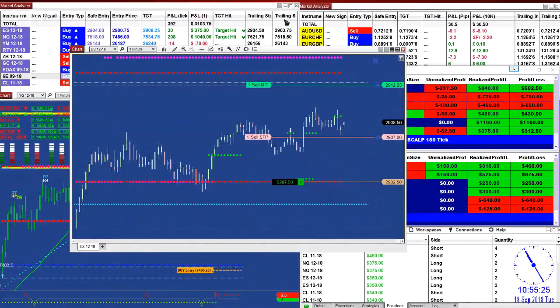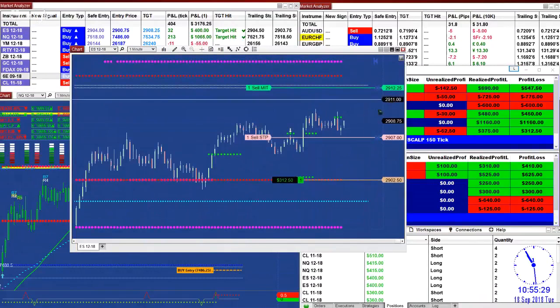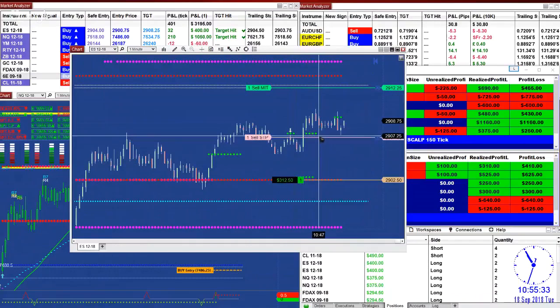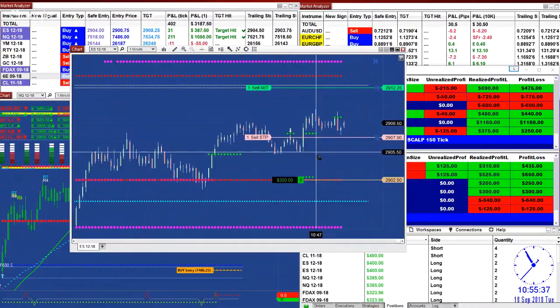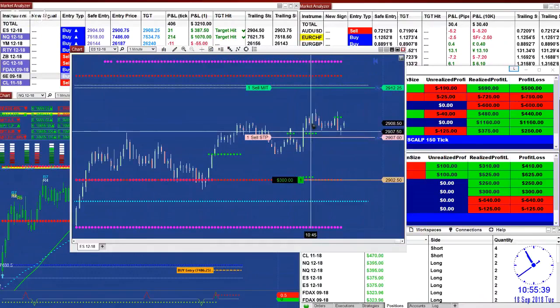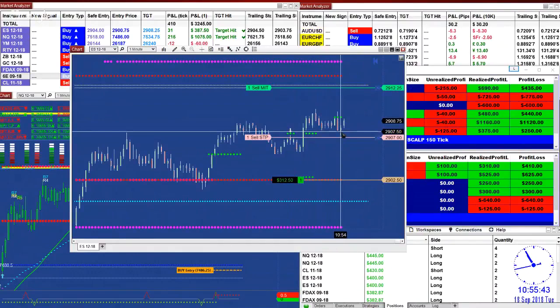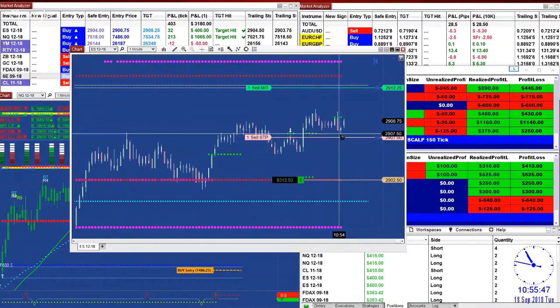The same story we had on the previous projection is the same story again on the second projection when we moved the trailing stop. The market pulled back, and the problem between us and the trailing stop was one tick.